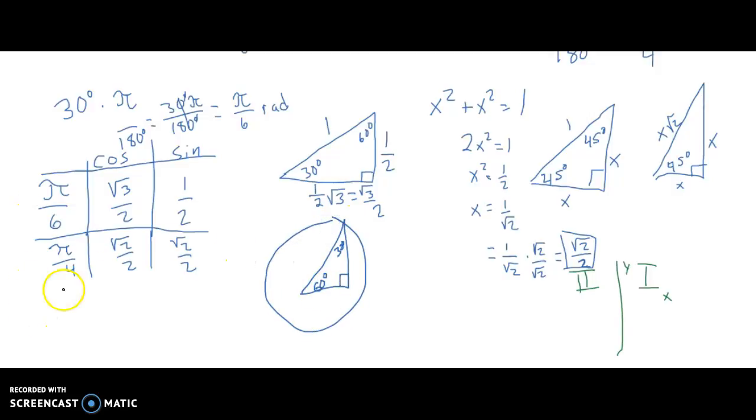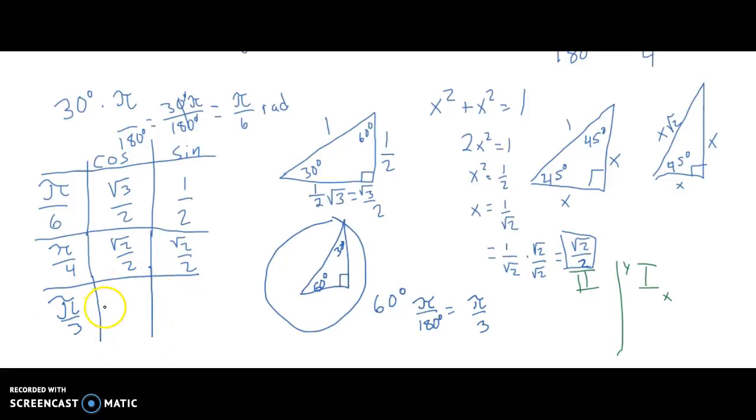So if we do a quick conversion to determine our radians, get out of the degree mode and into that radian mode, we'll multiply by pi over 180 degrees, and this would simplify to pi thirds. And so pi thirds is what I'd write there.